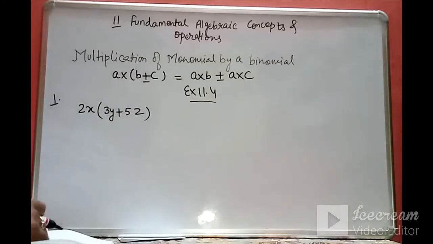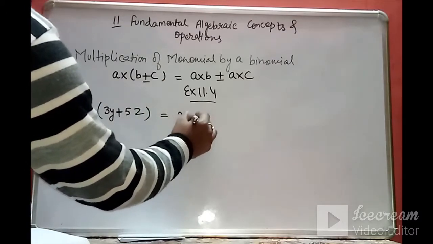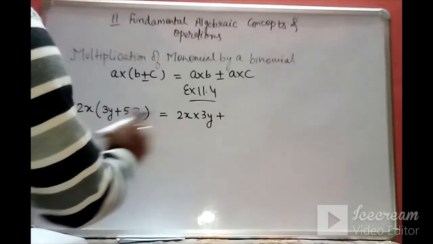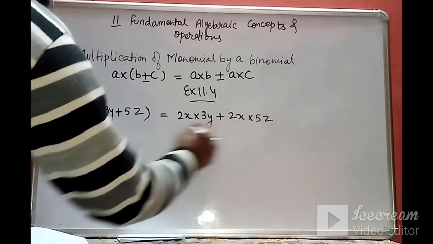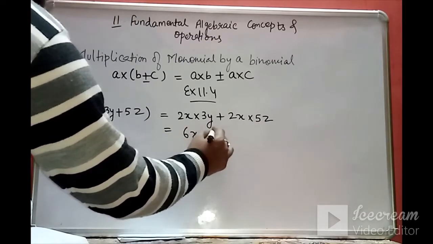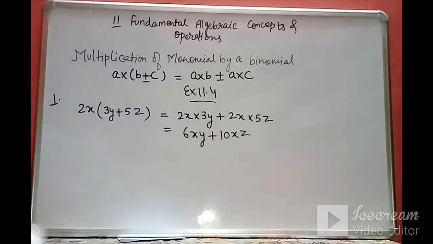Okay, so first what we can do is write 2x into 3y, and this plus sign will be there, and 2x into 5z. So 2 into 3 is 6, x into y is xy, and 2 into 5 is 10, x into z is xz. Just simply multiply the numbers together and variables together.